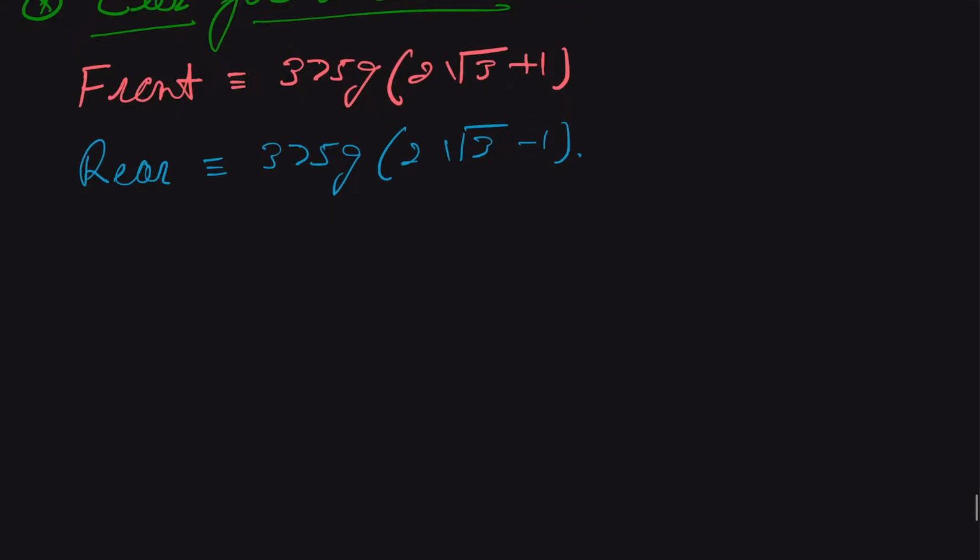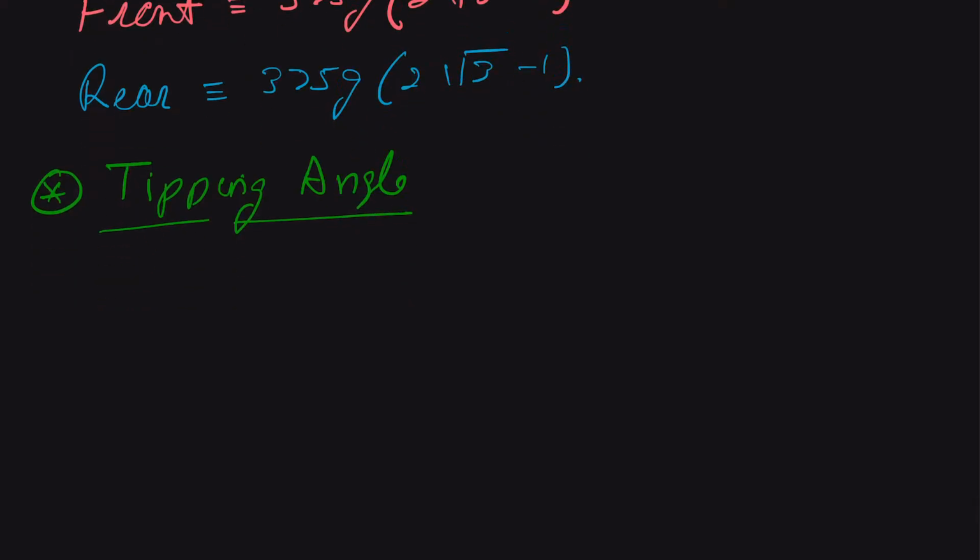So first of all, let us solve for the tipping angle. For the tipping angle, let us assume the first case is downhill facing. Downhill facing, as it is about to tip, the normal at the rear will be the first to come off.